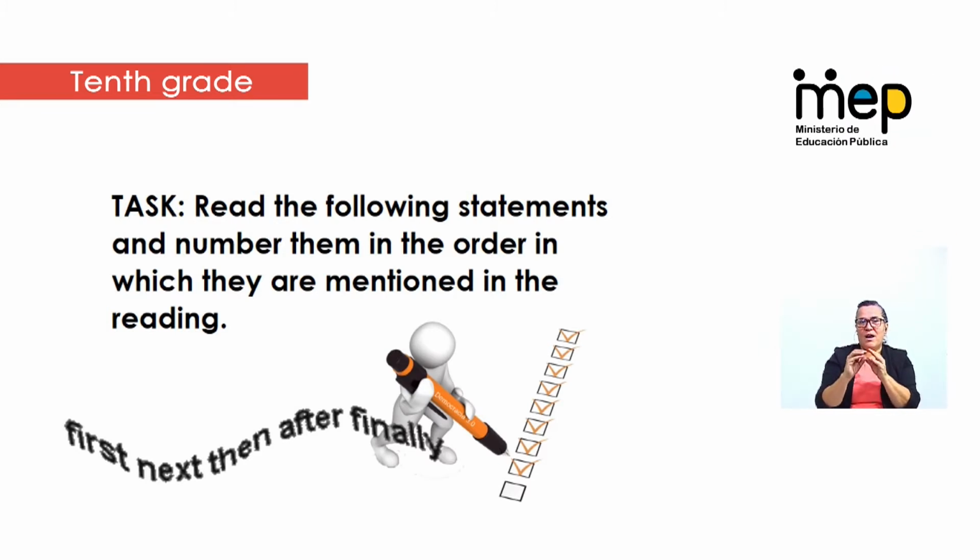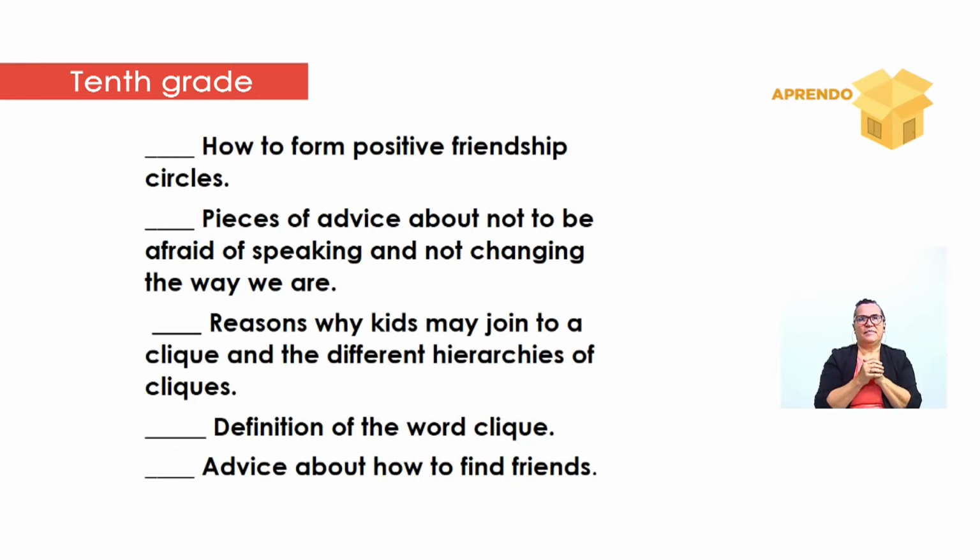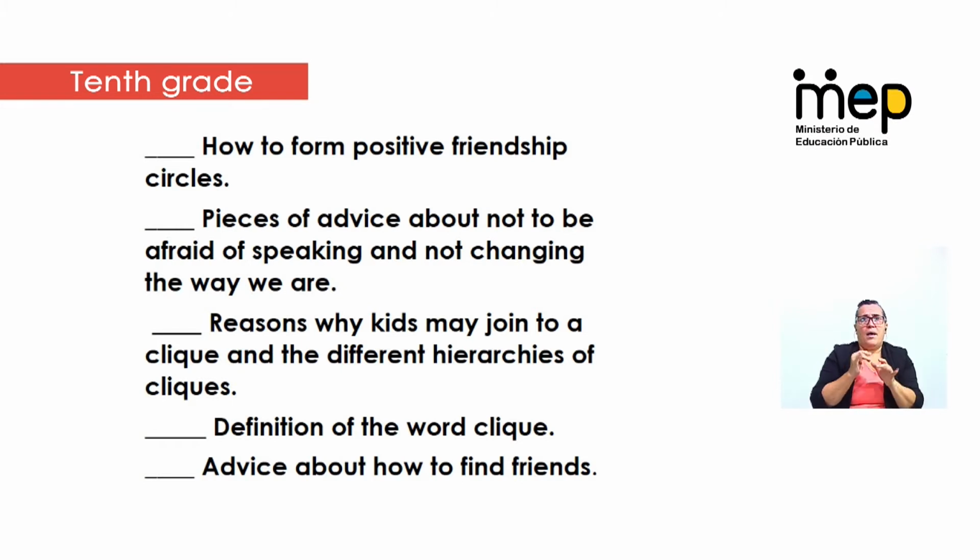So do you remember the reading? Now you are going to organize the sentences. Look at the sentences. How to form positive friendship circles. Then, pieces of advice about not being afraid of speaking and not changing the way we are.